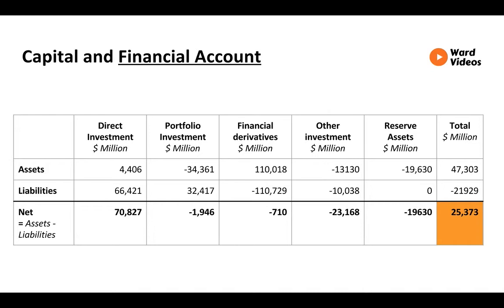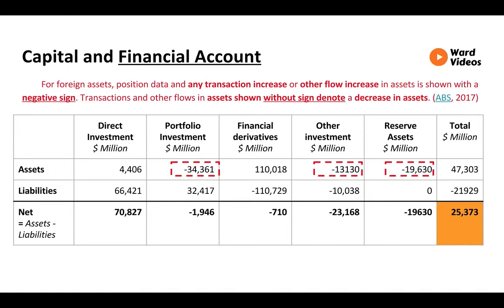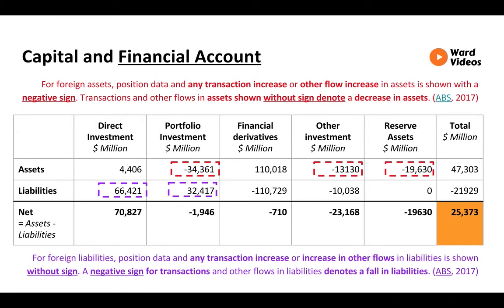financial account. But, Mr. Ward, you've made a mistake. Some assets have a negative sign. I haven't, because Mr. Ward doesn't make mistakes. The ABS states that for foreign assets, when position data in any transaction increase or other flow increases in assets is shown with a negative sign.